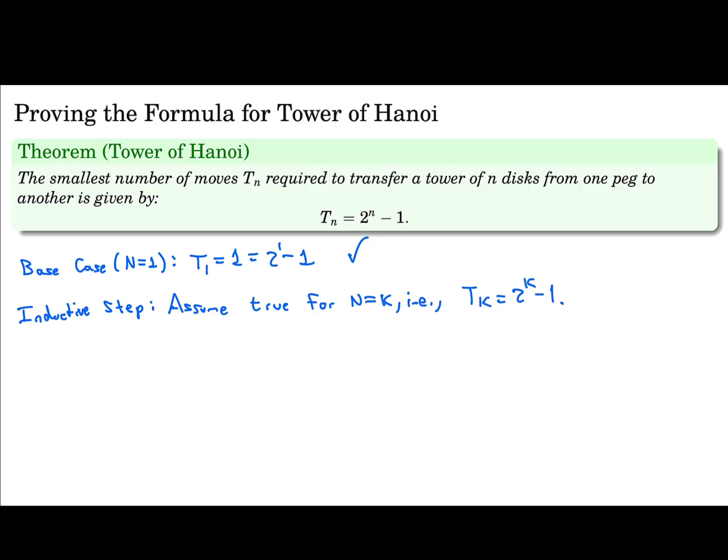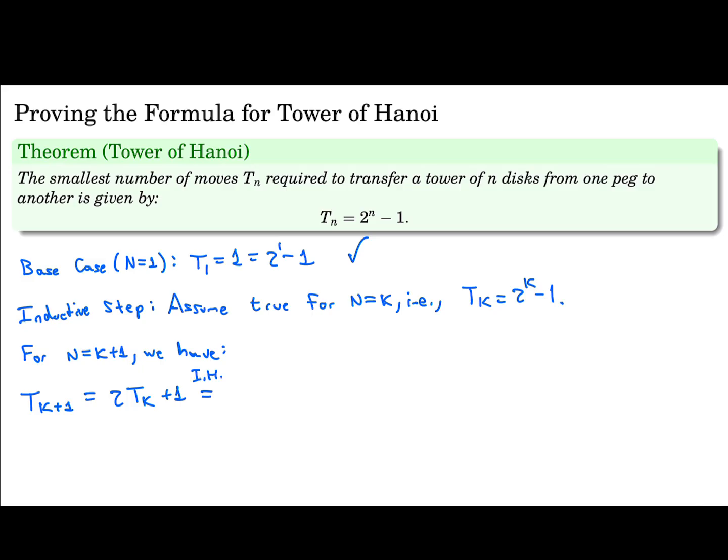So for n equal to k plus 1, we have Tk+1 is equal to 2 times Tk plus 1. This follows from the recursion, and now from the induction hypothesis, Tk is equal to 2 to the k minus 1.